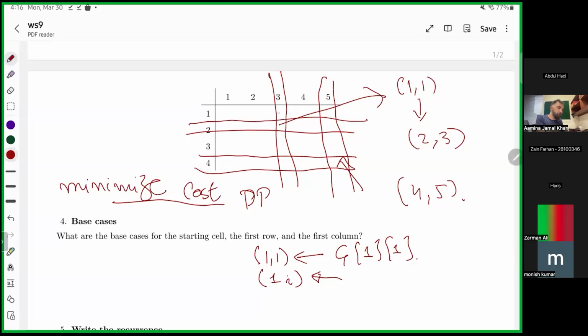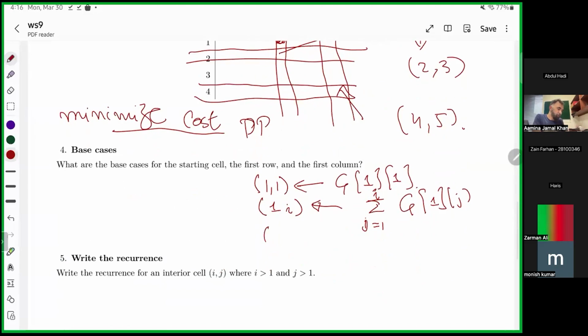So for example, what would be the cost here? So this is 1, 3. Yes, that is correct. So this is just the sum of g of 1 j, where j is 1 to i.